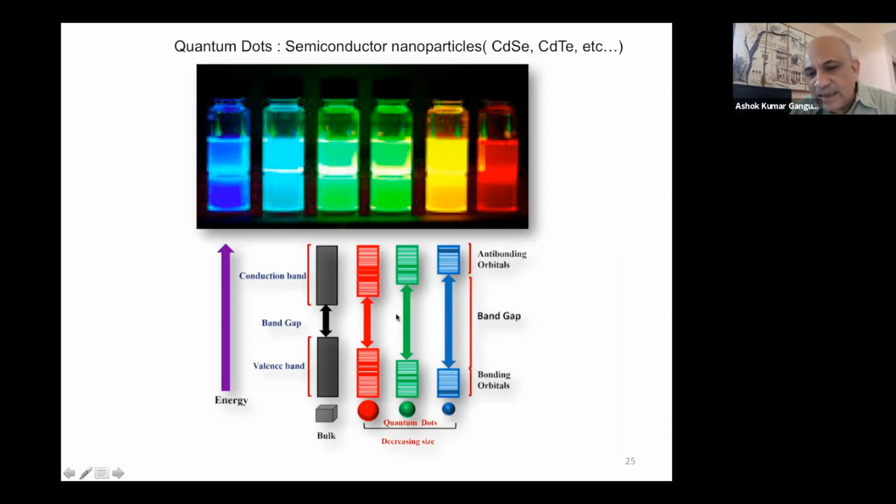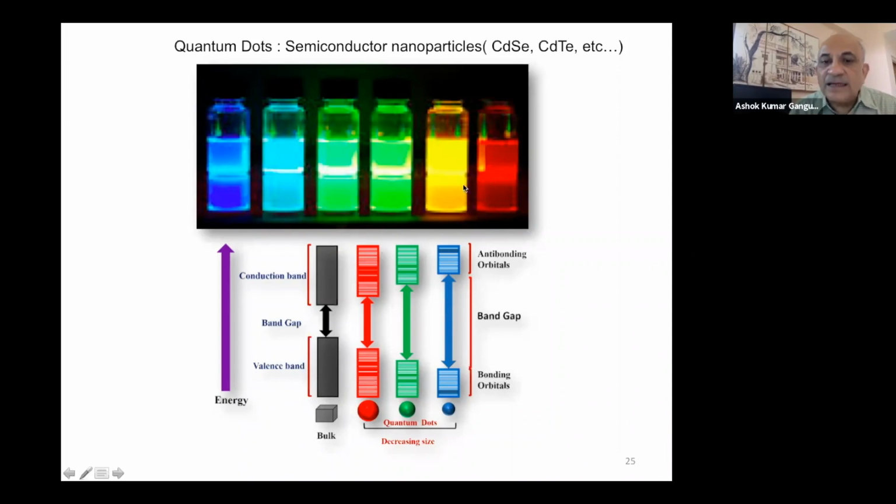If I increase the band gap, high energy light will be absorbed because the band gap is high. And you will see a complementary color. Okay, so when the band gap is high, it is absorbing in the blue region. Okay, lower wavelength, high energy, right?